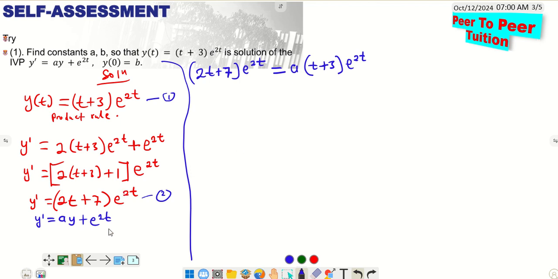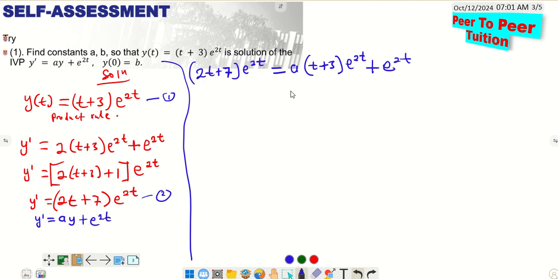Then that is it. So we have (2t + 7)e^(2t) should be equal to ay, which is this, then plus the last one, which is plus e^(2t).